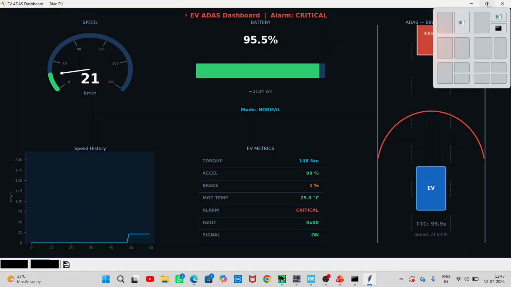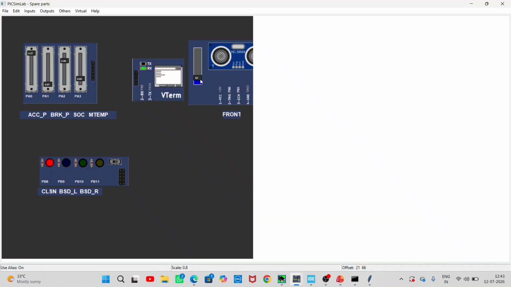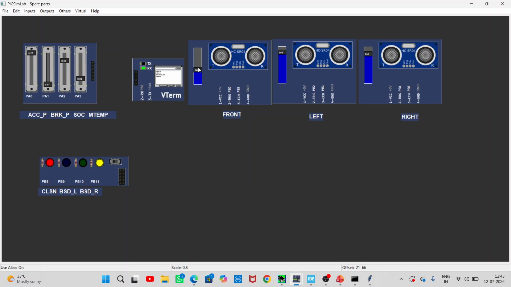Then we move back to PICSimLab. Before BSD, I check the speed of my vehicle. What is the speed? 21.1. Now the BSD is working. Reduce, and it will indicate.